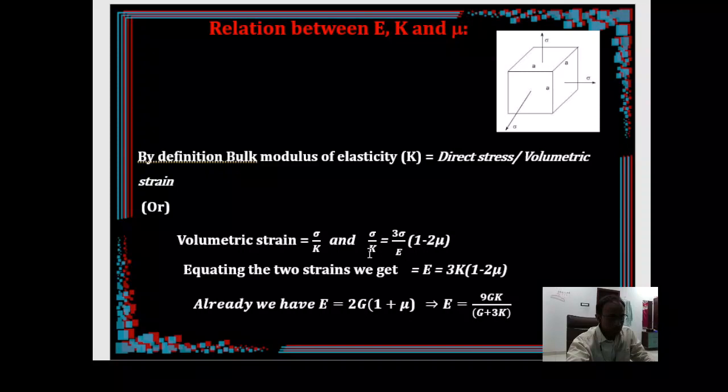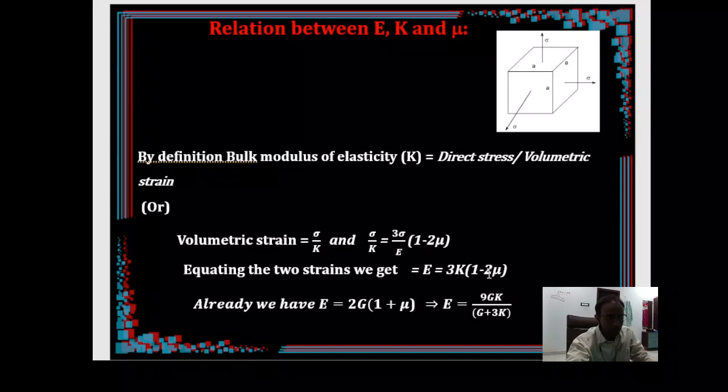Therefore, we will finally get this kind of formulation. If you equate both the terms, you can straight away get the value of Young's modulus in terms of bulk modulus. So this is the relationship: E is equal to 3K times 1 minus 2 mu, where E is Young's modulus, K is the bulk modulus, and mu is the Poisson's ratio.